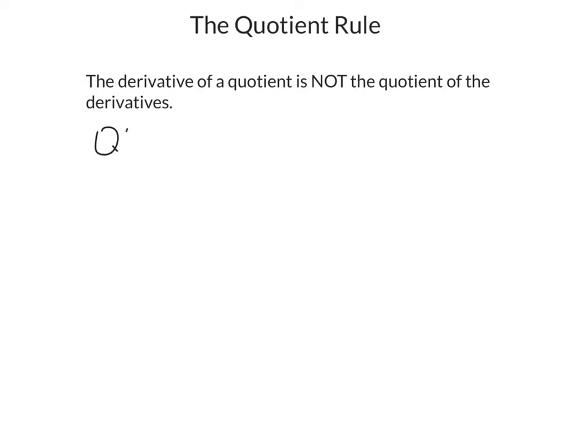Let's look at q of x equal to the quotient of x to the fifth over x squared. Now we could simplify this function and write it as q of x equal to x cubed.